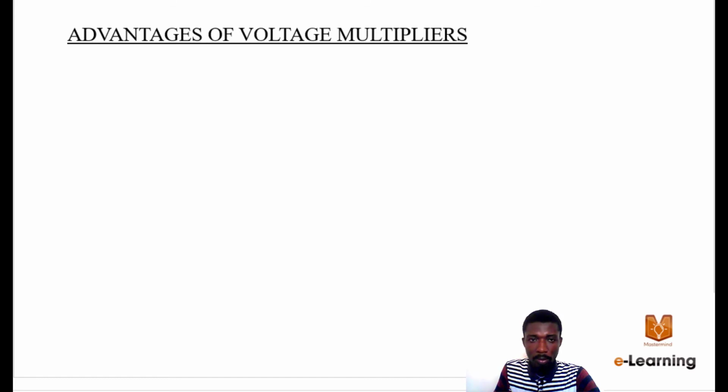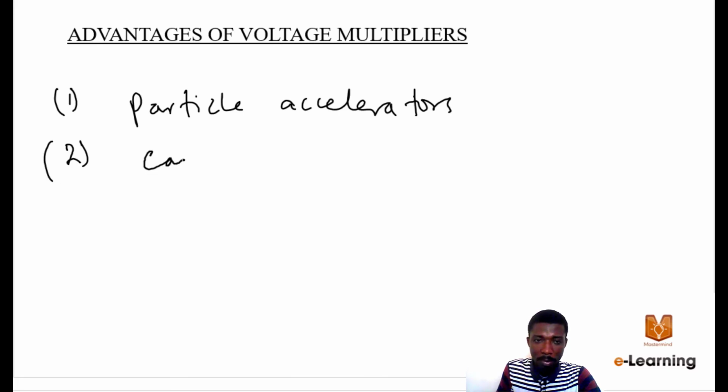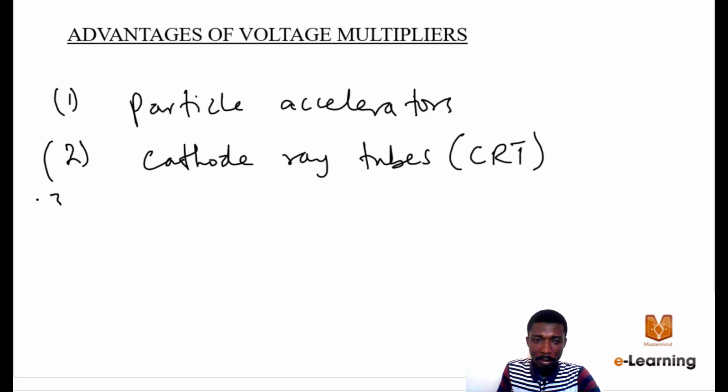Let's conclude by looking at the applications of voltage multipliers. One, they are applied in particle accelerators. They are applied in cathode ray tubes, called CRTs. They are applied in oscilloscopes.